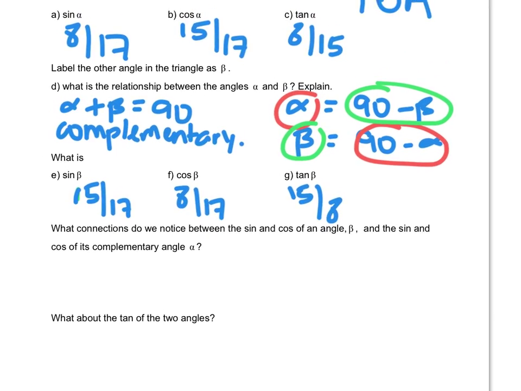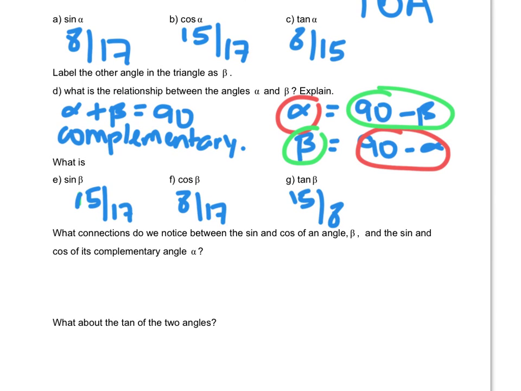So, what connections do we notice between the sine and cosine of an angle and the sine and cosine of its complement? Well, here's what we notice. If you look at the sine of alpha and the cosine of beta, they're the same. And if you look at the sine of beta and the cosine of alpha, they're the same.